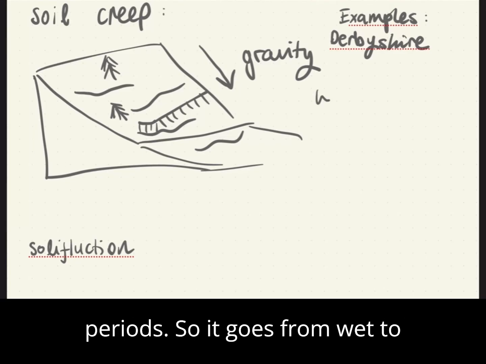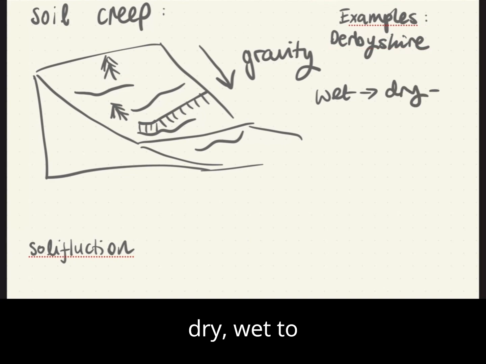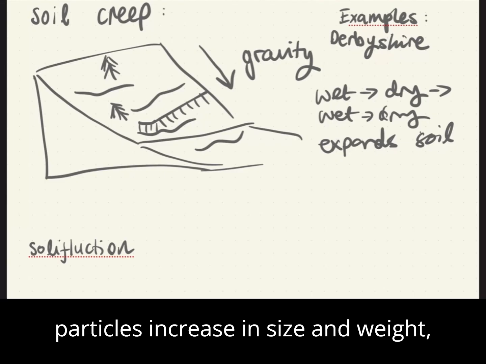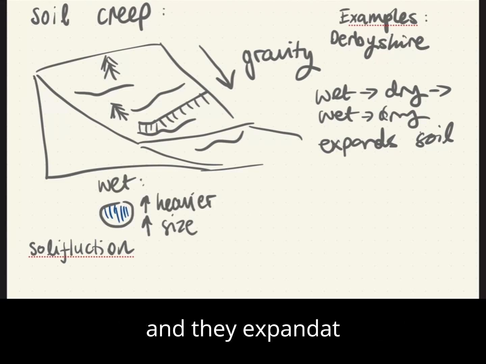So it goes from wet to dry, wet, dry, and that expands the soil. So when the soil is wet, the particles increase in size and weight, and they expand at right angles to the plane.